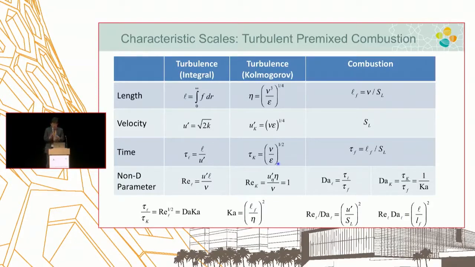So what is the main thing here? The Reynolds number, as you know, is a non-dimensional indicator of the intensity of turbulence. It's a ratio of turbulent timescale to the molecular viscous timescale, right? So a large Reynolds number means the turbulence is more intense. The Damkohler number is the ratio of the chemical to the flow intensity.